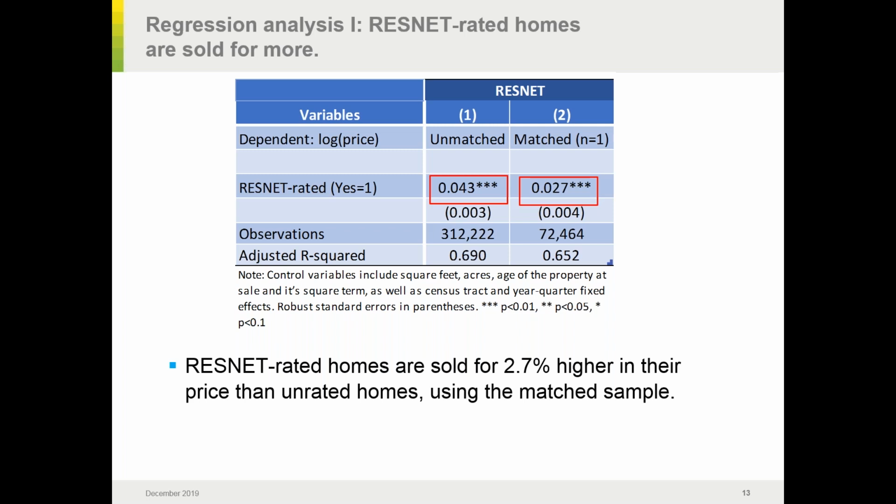You could say, well, that's just because all of the homes that are larger are the ones that got rated in the first place. So we do this additional step to try to address that concern.